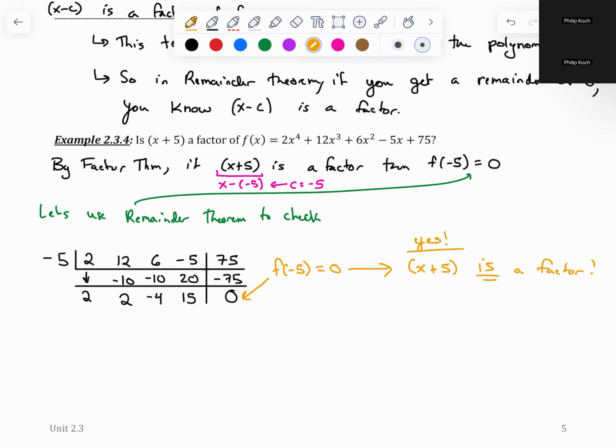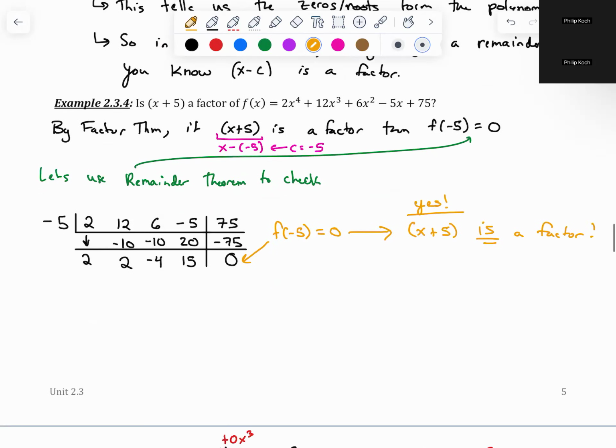So it justifies yes. In fact, here's the reason why we care about the remainder theorem. f of x can be rewritten now as x plus 5 times 2x cubed plus 2x squared minus 4x plus 15.